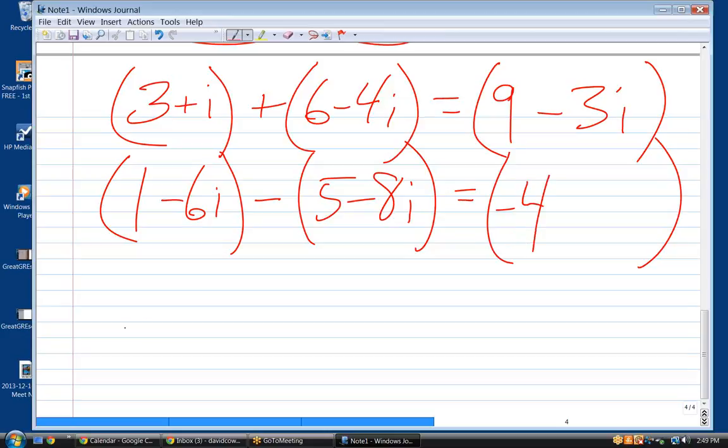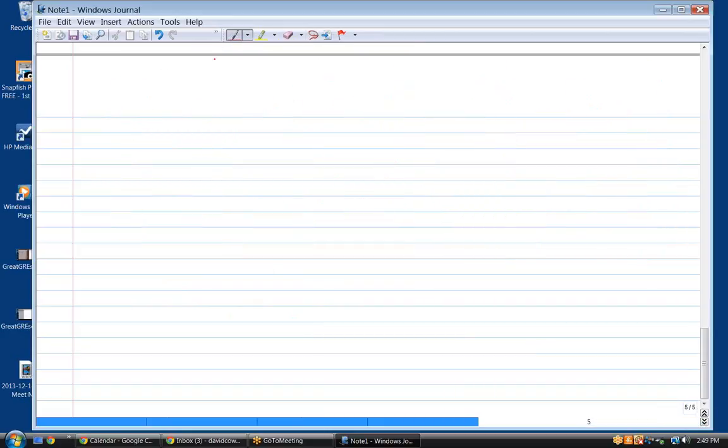Now, operating on the imaginaries is minus 6i, but this minus and this minus makes it a plus 8i. So it'd be plus 2i. That's the answer. So adding and subtracting is quite easy.